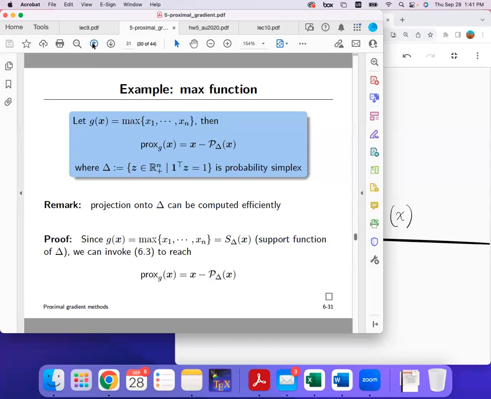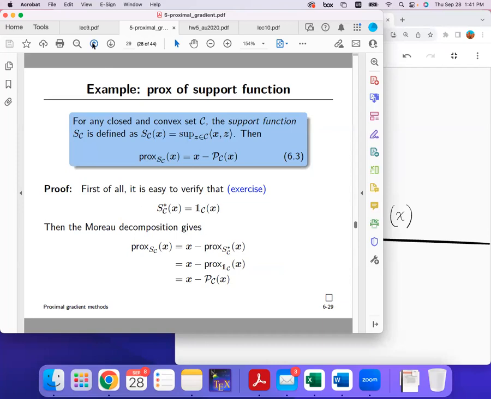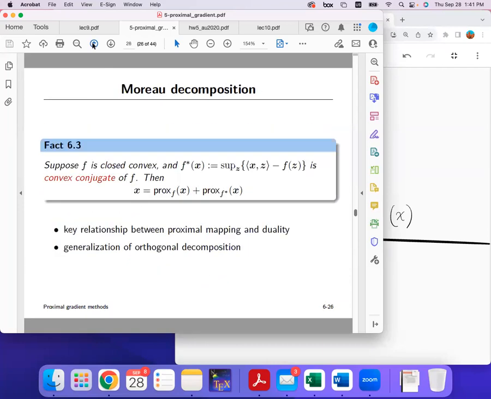Okay, so these are the basics of the proximal mapping and this Moreau decomposition. Many operator theories and convex optimization theories are developed based on this conjugate function and this Moreau decomposition.